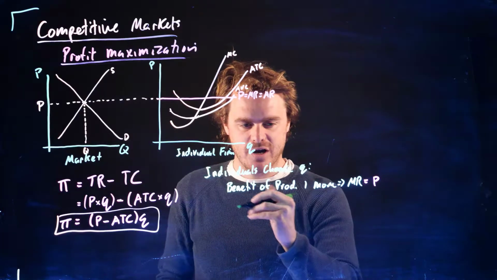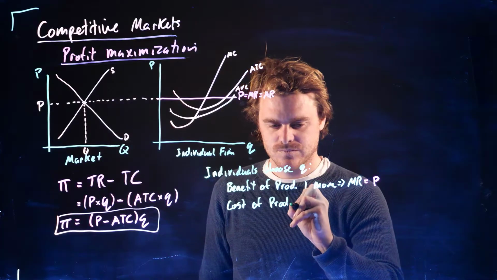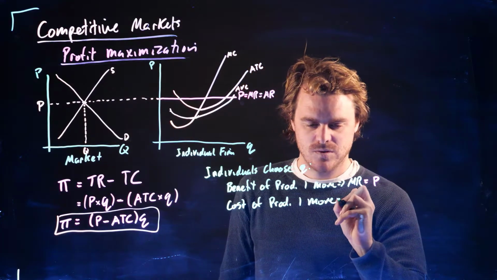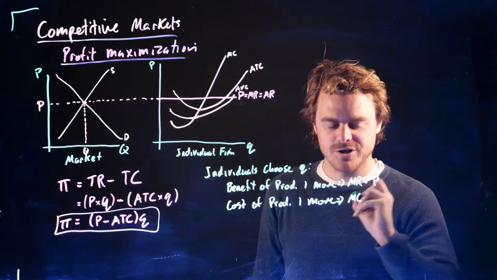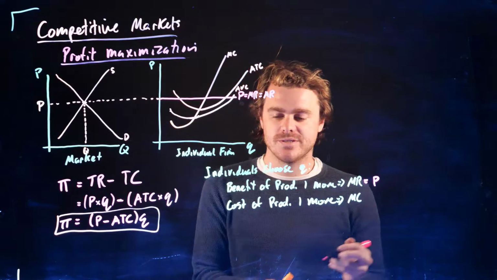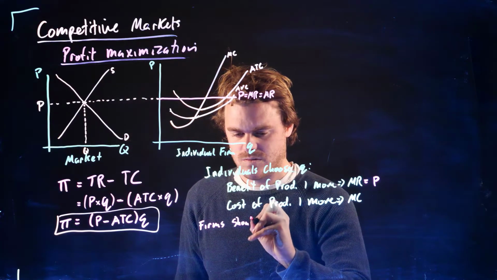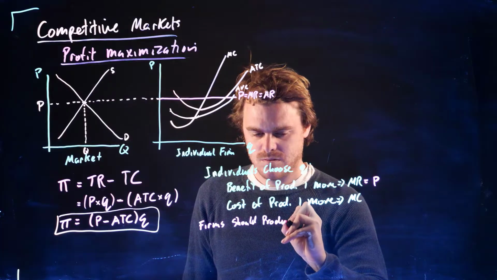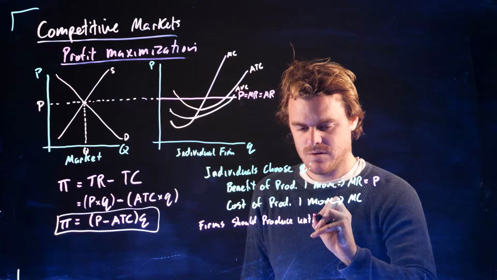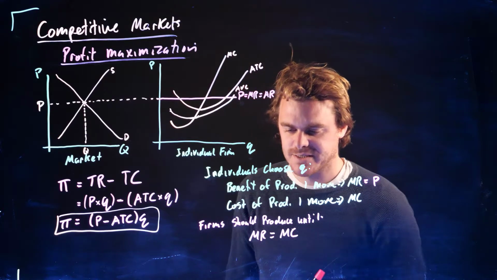And then we think about the costs of producing one more. Well, by definition, that's the marginal cost. And so firms are going to produce until marginal revenue equals marginal cost, right?